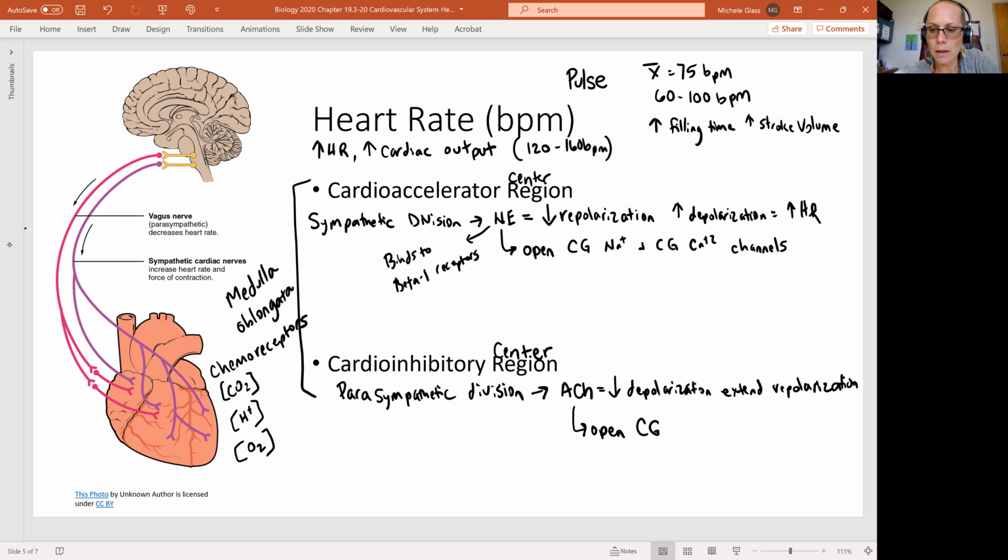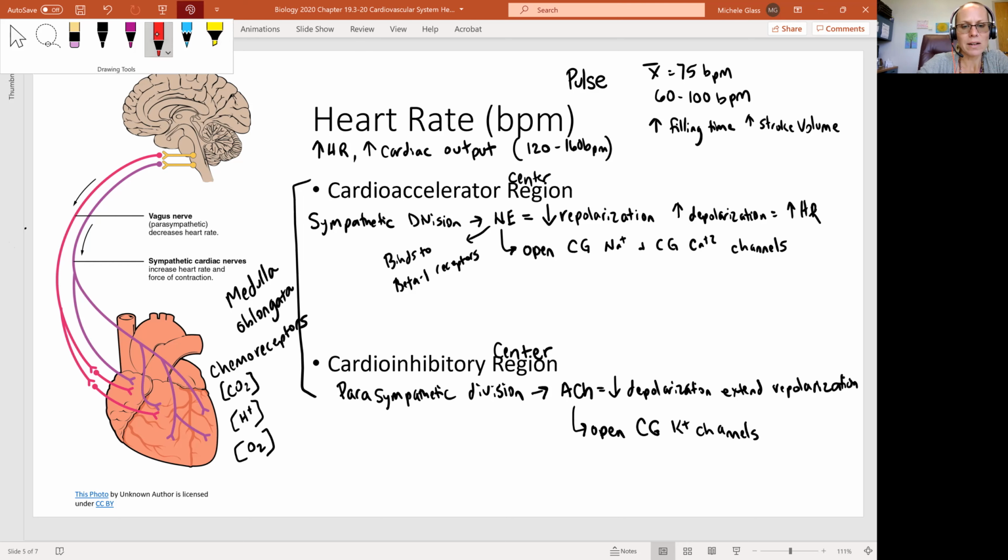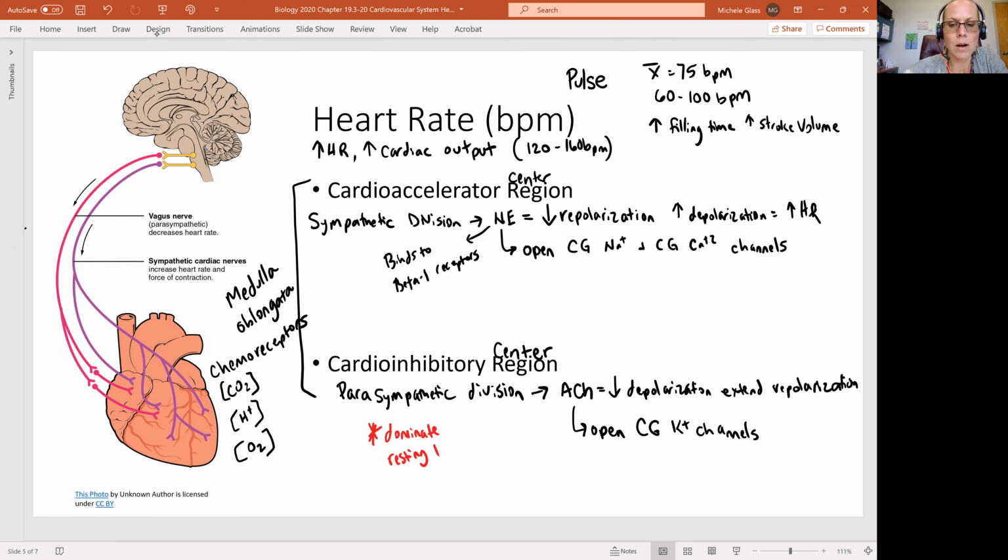Chemically gated potassium ion channels. And so the potassium is leaving the cell, and so that's reducing the depolarization and extending repolarization. What we're going to see is that the parasympathetic division is going to dominate resting heart rate.